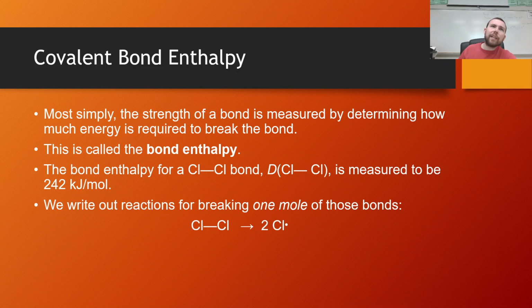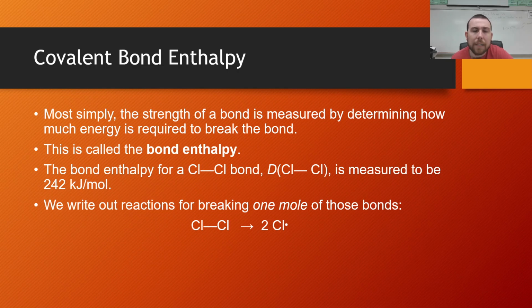You might have seen previously that we talked about the strength of bonds. The strength of a bond can essentially be measured by determining how much energy is required to break it. If you think back to our bonding unit, we talked about single bonds being weaker than double bonds, which were weaker than triple bonds. That's because their bond enthalpies are less.